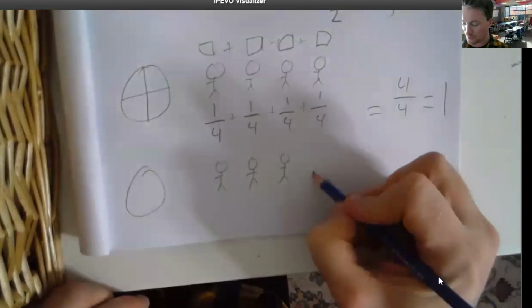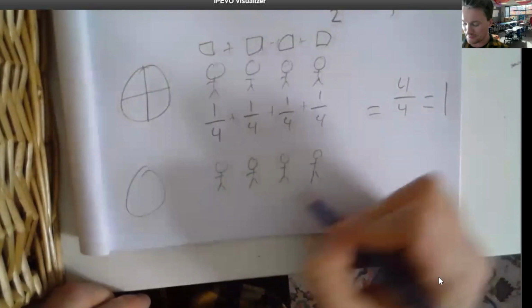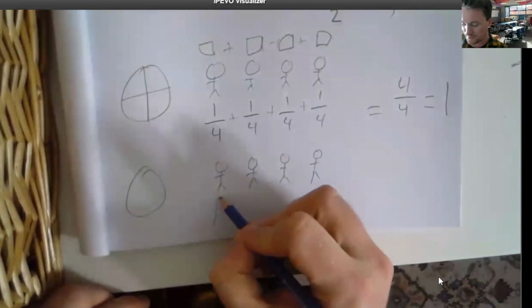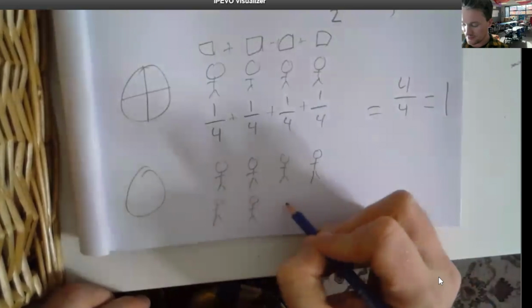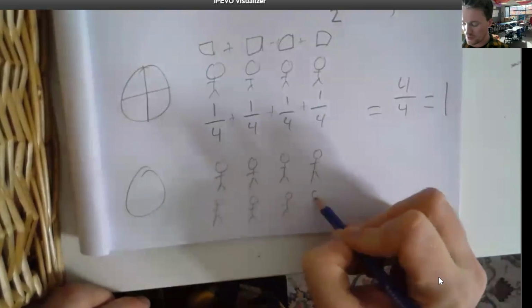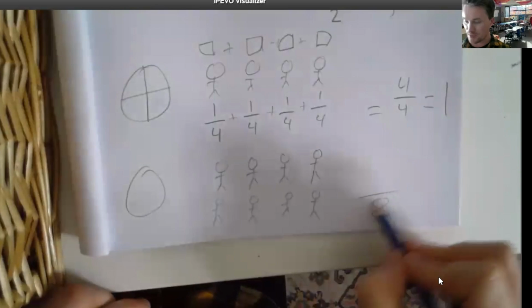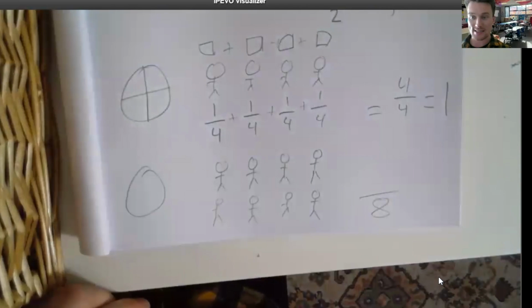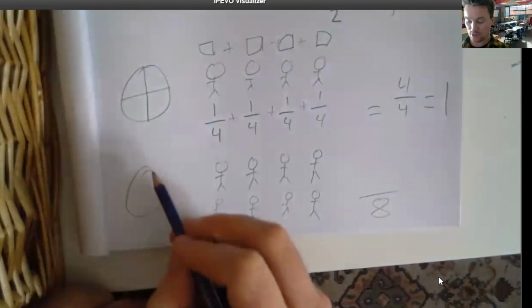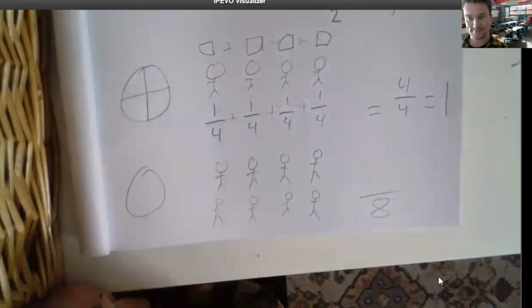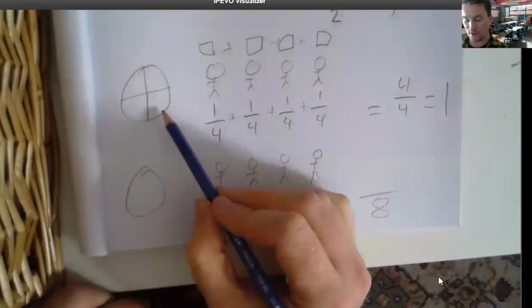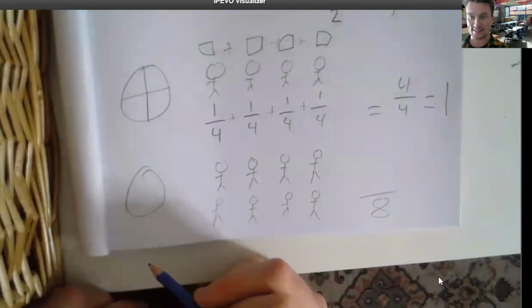What about if you have, let's do a tricky one, 8 friends? Well, the bottom number is going to be 8 because you're dividing it into 8. Can you draw that? You might have to draw 4 and then split it diagonally. Give it a go.